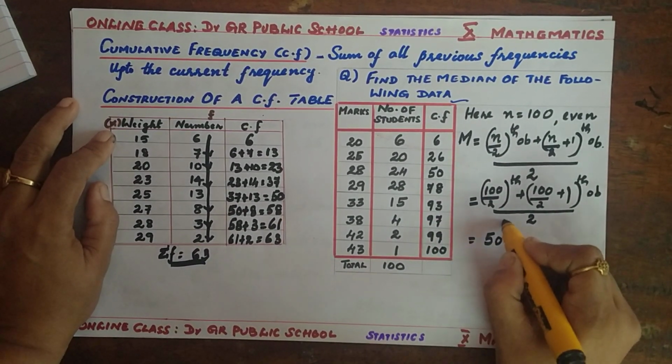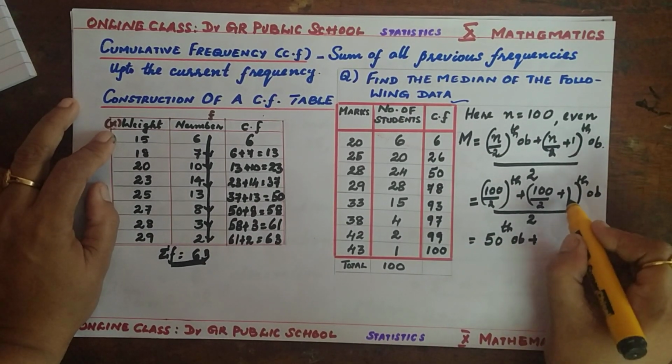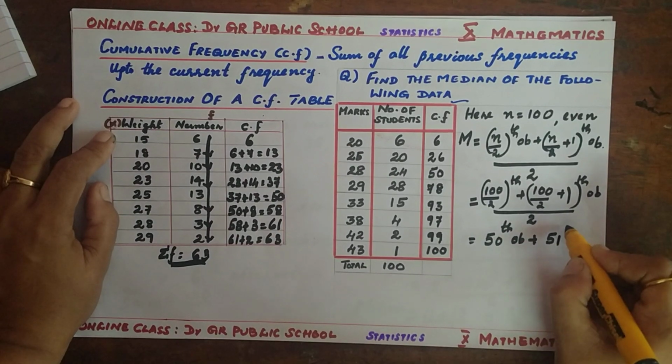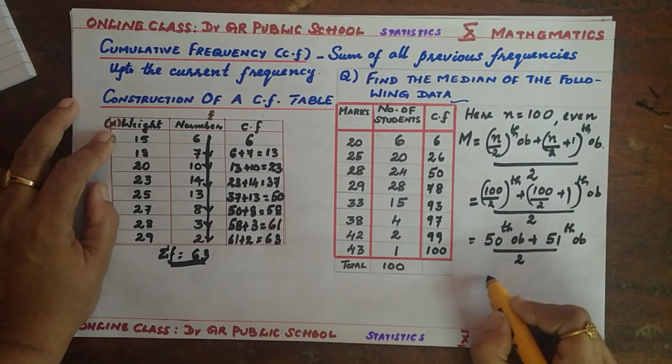That is 50. 50th observation plus 50 plus 1, the 51st observation, the whole divided by 2 equals.